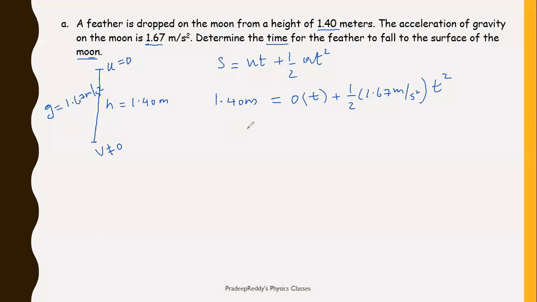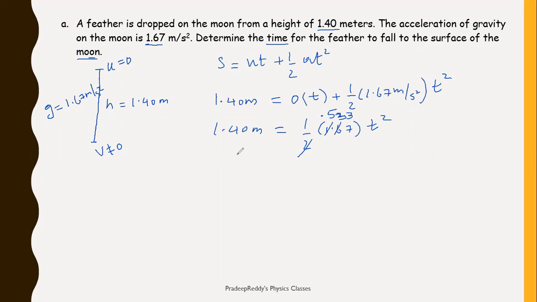This is 1.40 meter equal to half into 1.67 into t square. Now you can divide this 1.67 by 2. So it is 0.835, nearly 0.533.